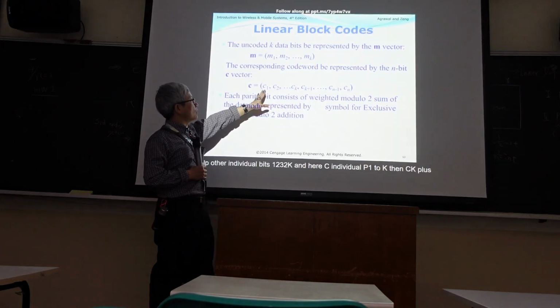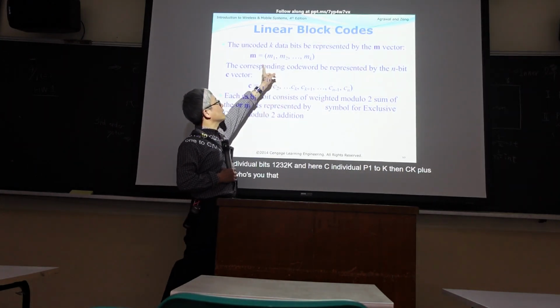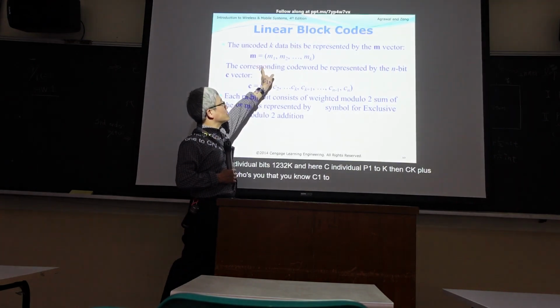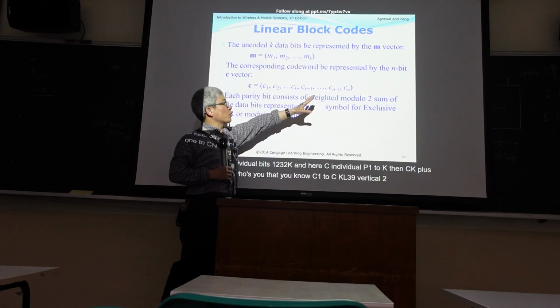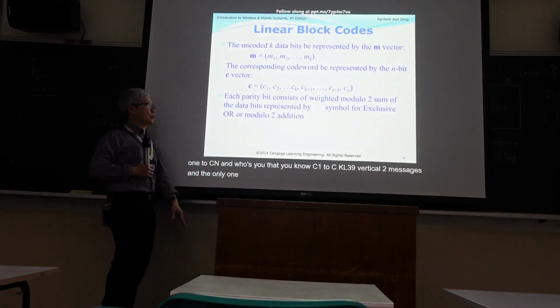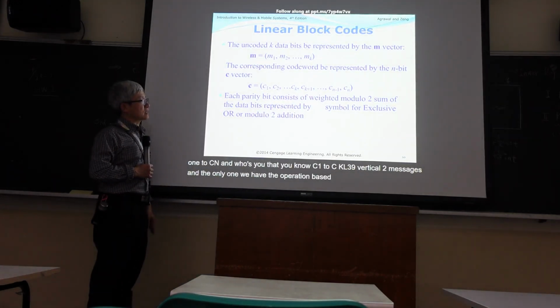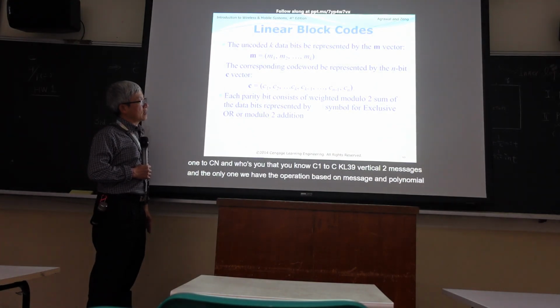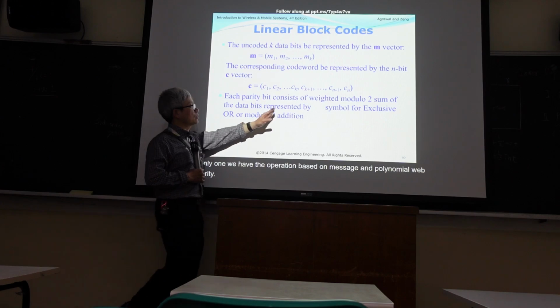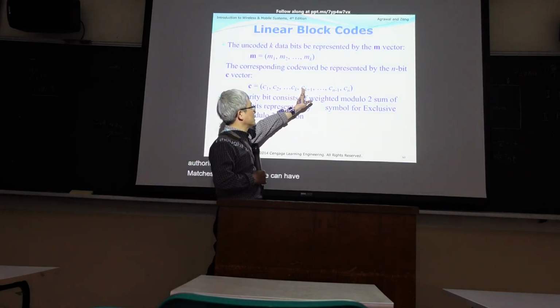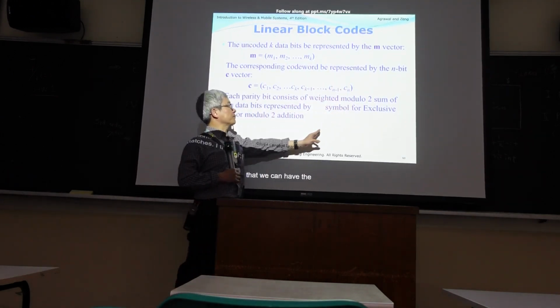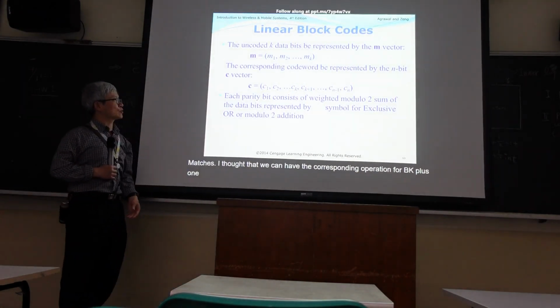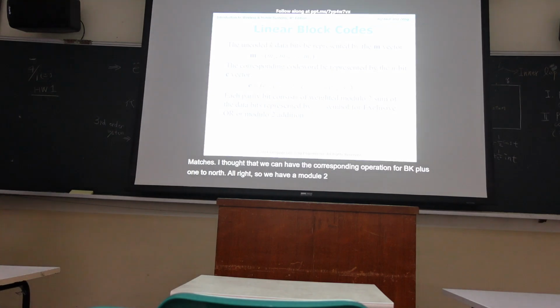Please see that C1 to CK are actually identical to the message. And for the remaining ones, we have an operation based on the message and the parity matrix, so that we have the corresponding operation for CK plus 1 to Cn. Alright, so we use modulo addition to get the results.